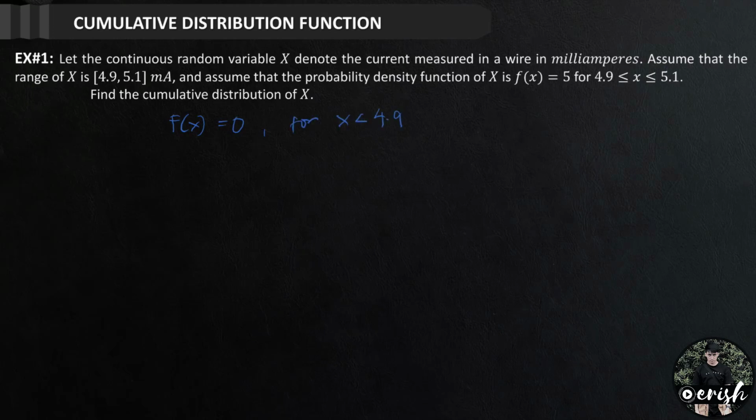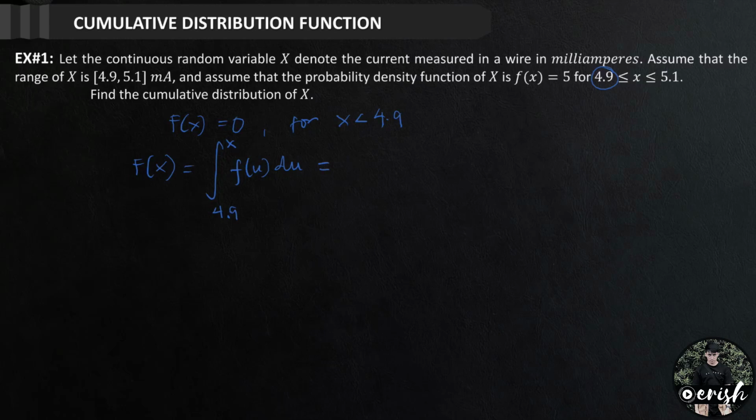And dun sa in between natin, say we have f of x again, and using the equation, the integral of f of u du, again, ang ilalagay natin sa lowest limit or sa first limit natin is 4.9. This is our lower limit. And ang ilalagay natin sa upper limit is x.